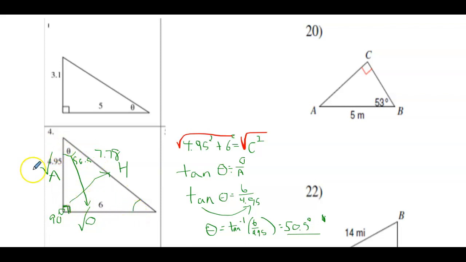So there are 180 total degrees in a triangle, so if this is 50.5, and we've used up 90 already, if you subtract 180 minus 90 minus 50.5, I think you'll get something like 39.5. So that seems to check out that the smallest angle in this triangle is across from the small side, the middle or median one is across from that, and then the largest side is always across from the largest angle.